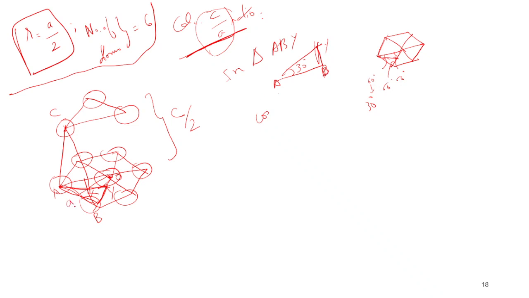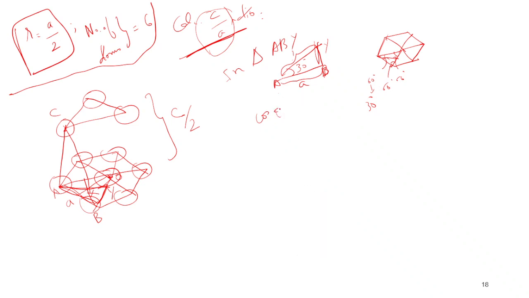Side means the lattice parameter A. This also we know, but we have no idea what this is. We have no clue.